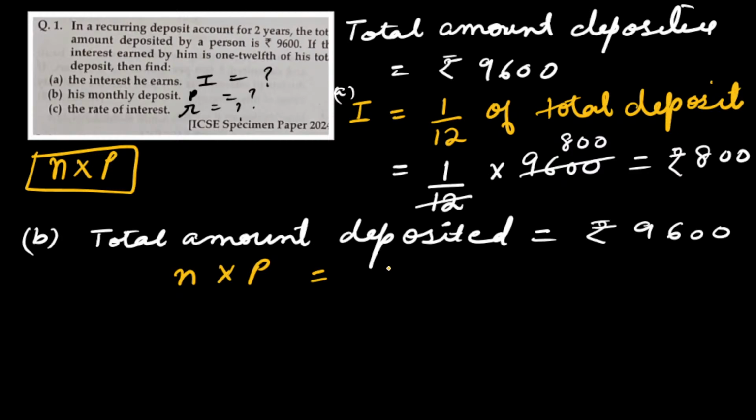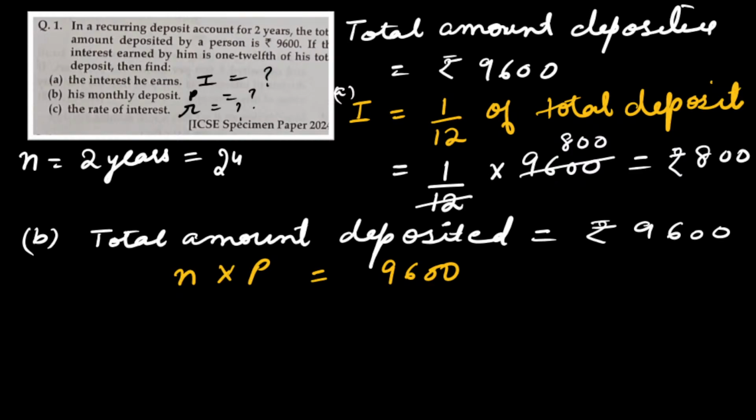So this is given to us as 9,600. What we have to find is P. The time period is given to us as 2 years, so N is equal to 2 years. Years we can convert to months, because here the time period is always in months. So 2 years is 24 months. So N is 24. 24 into P is equal to 9,600.